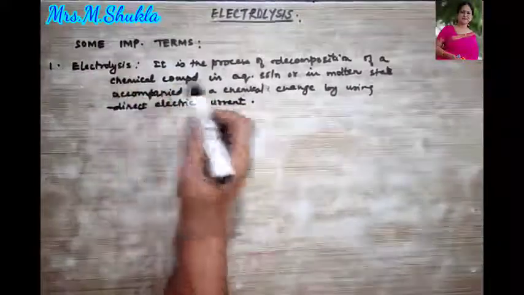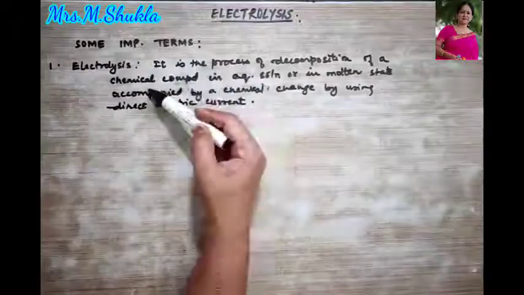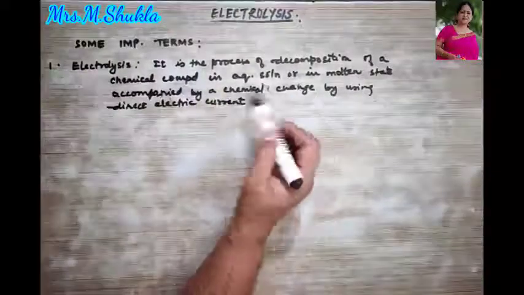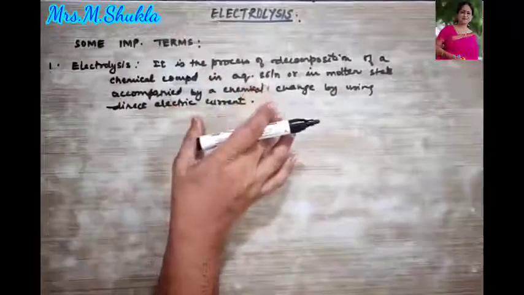This is the definition of electrolysis. As we all know, it is a process of decomposition of a chemical compound in the aqueous state or in the molten state, which is followed by chemical change by using direct electric current.